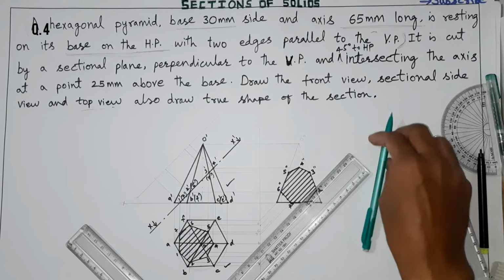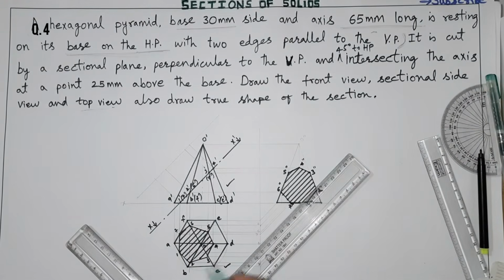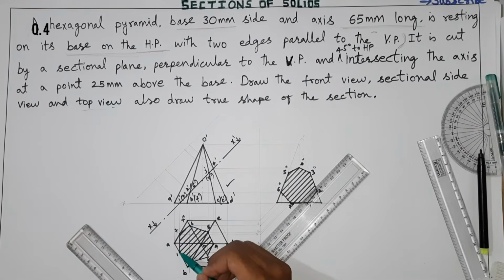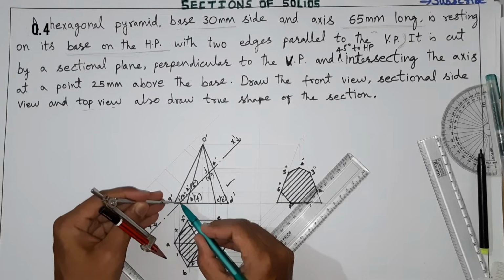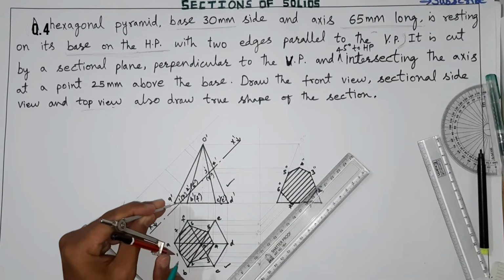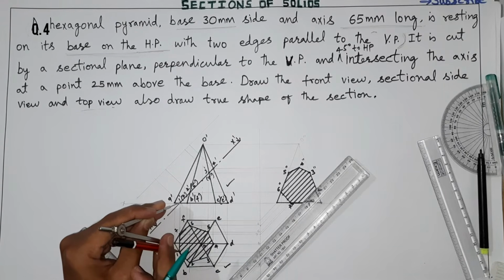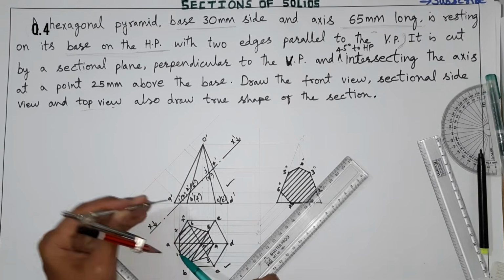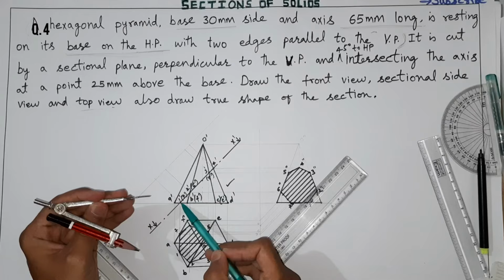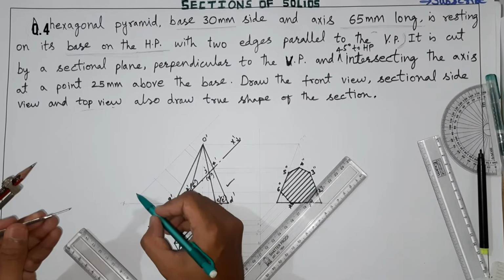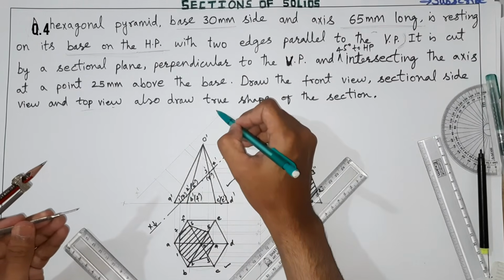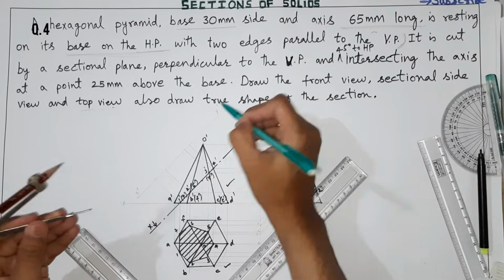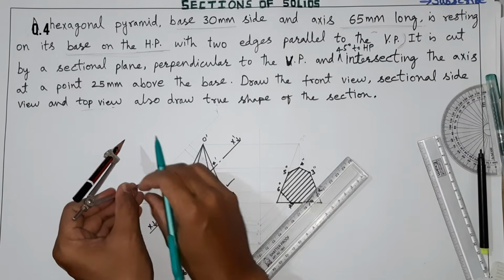What you need to do is measure the distance of point number 1 with respect to the xy line. So xy line to point number 1 distance you have to measure like this. The same distance you have to transfer from this one here. Now this is acting as x dash y dash. From here you transfer the distance.